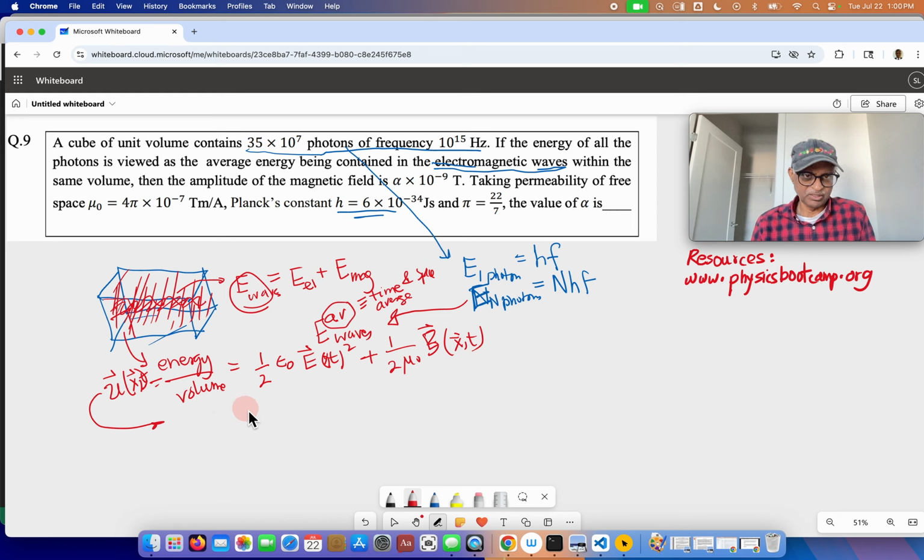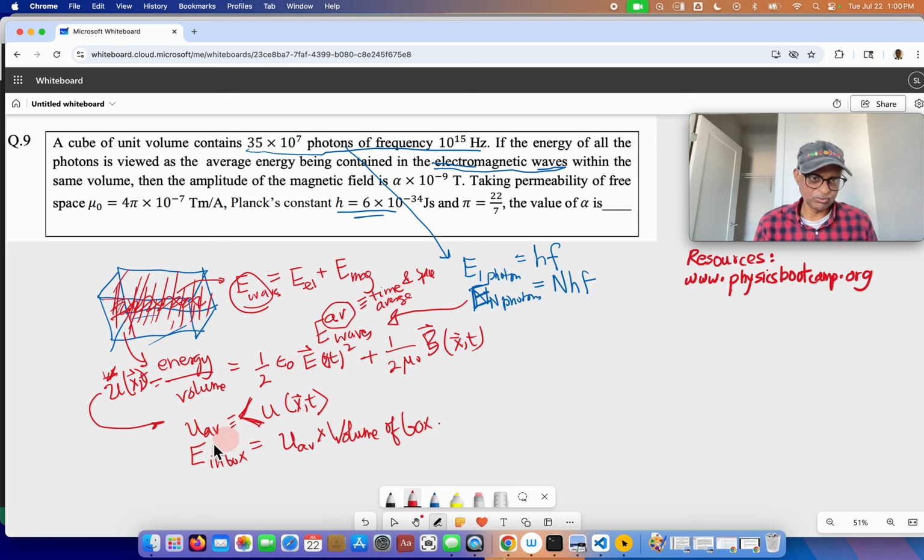In physics we use angle brackets to denote average. This is not a vector, it's energy density. So you average, and then the energy in the box is going to be U average times the volume of the box, because the average will be constant everywhere.